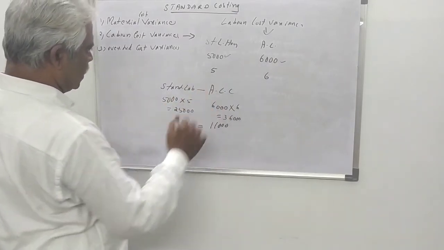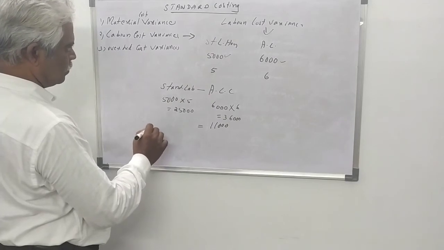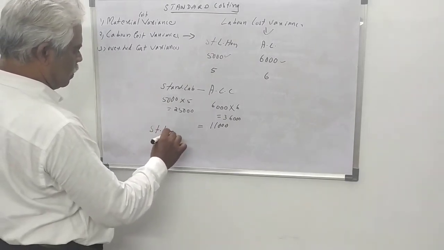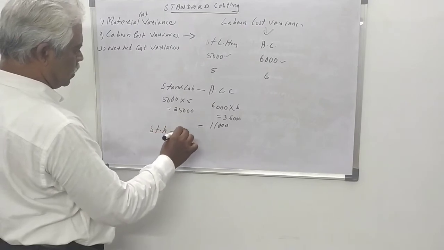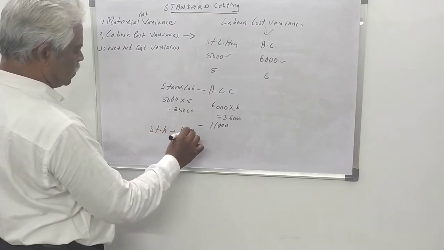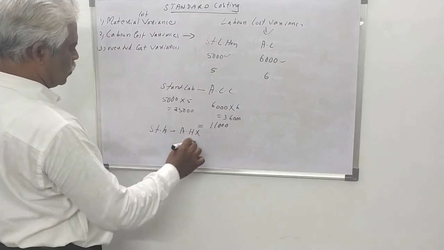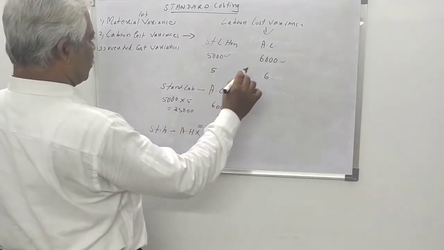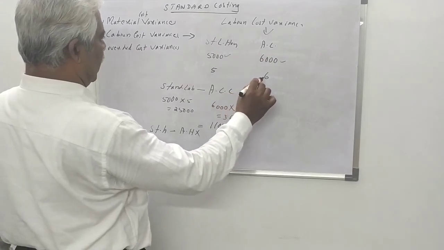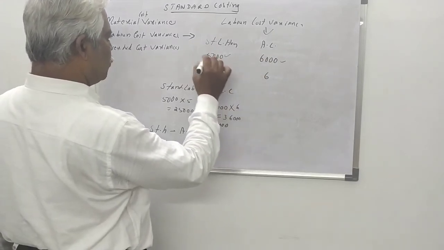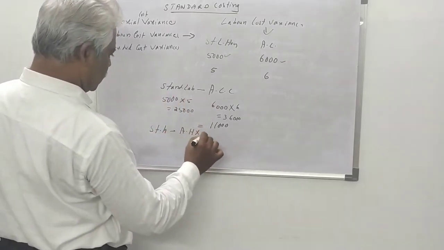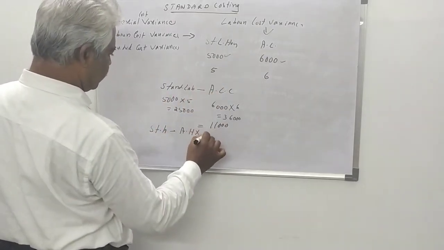What is labor efficiency variance? There is a formula: standard hours minus actual labor hours, into standard rate, that is 5.